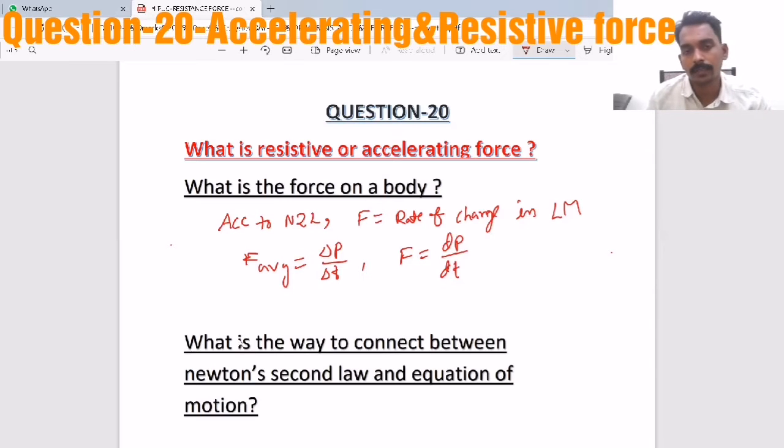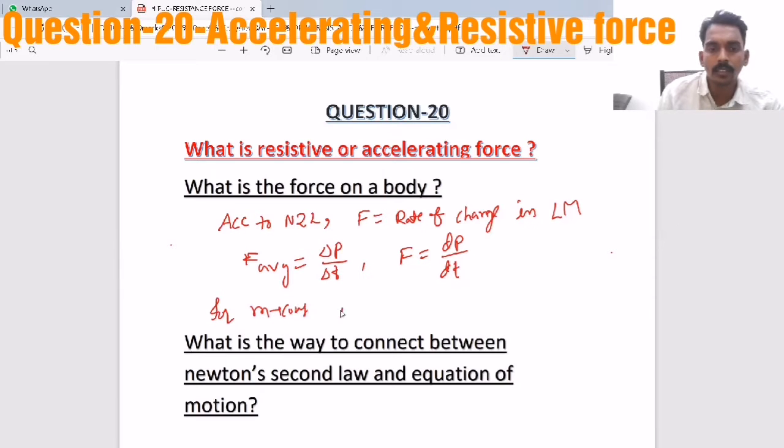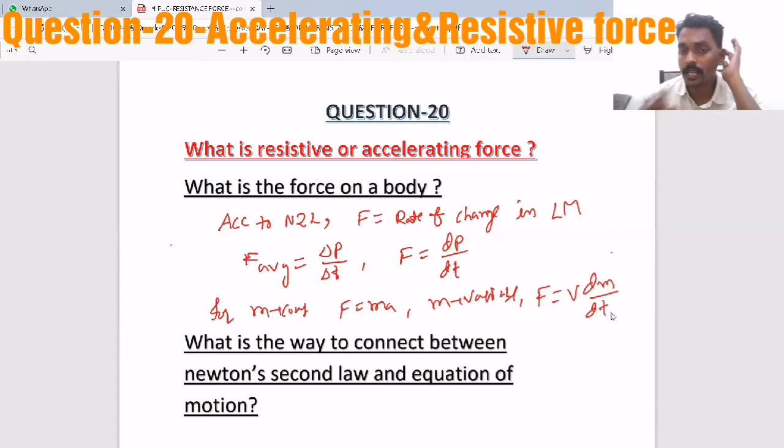For constant mass, the force becomes mass into acceleration, and if m is variable, the force becomes v dm by dt. Based on these simple formulas, they can ask questions.